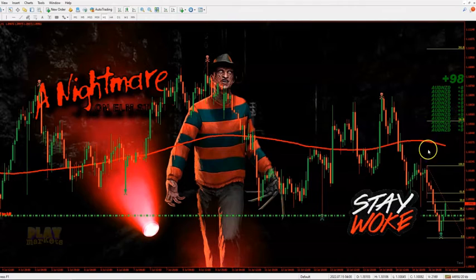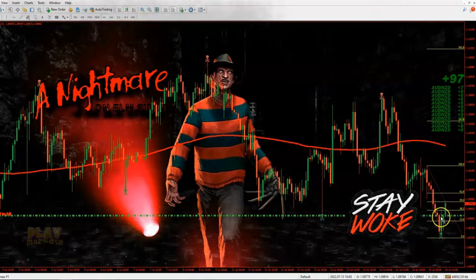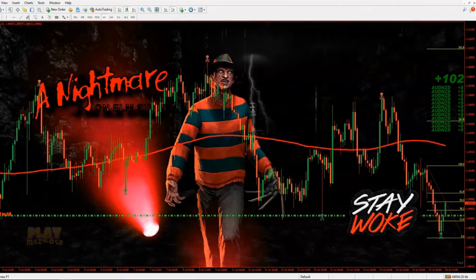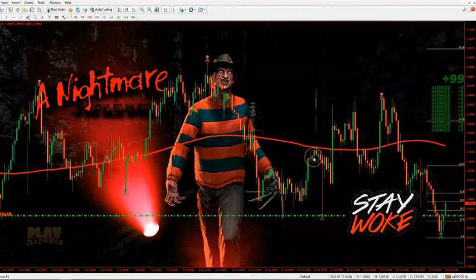I knew this before the pullback happened. Obviously you want to watch it around these areas, but it could bounce right off the 50 and head back to the downside. But this is a short-term trade. This is a day trading strategy, which I use to be up 100 pips.